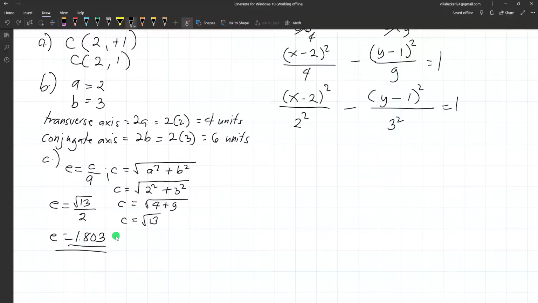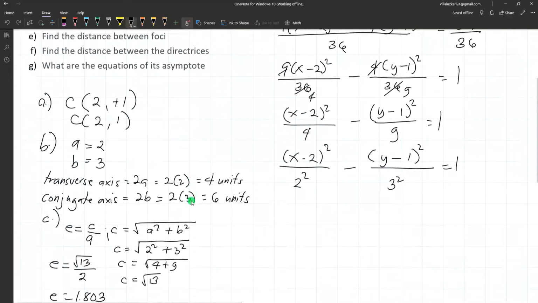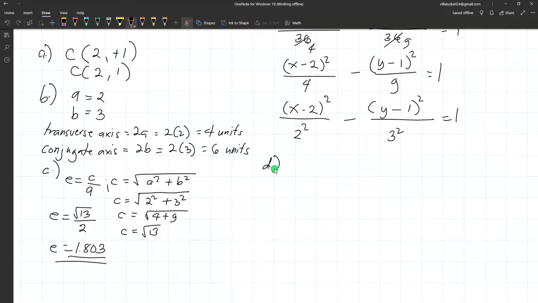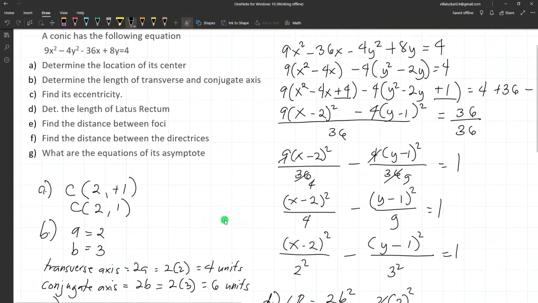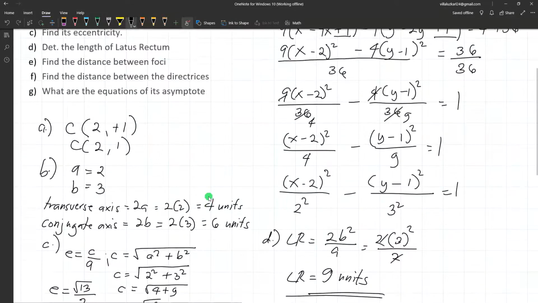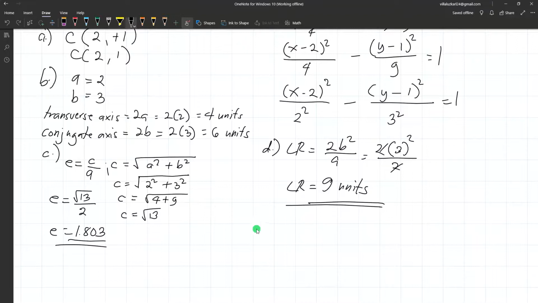D, length of latus rectum. The latus rectum is 2b squared over a. Substituting, b is 3 squared over a, 2, so the 2s cancel out. The length of the latus rectum is 9 units. That's the answer. For the distance between foci, letter E, we already have c here, so that is 2c. 2 times the square root of 13 gives 2 square root of 13.